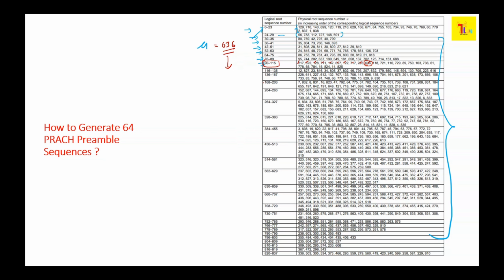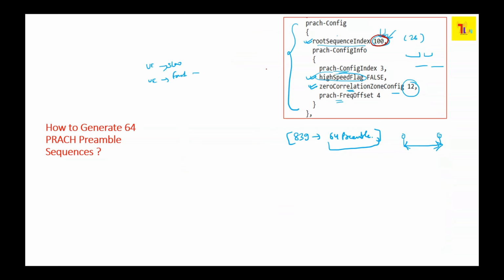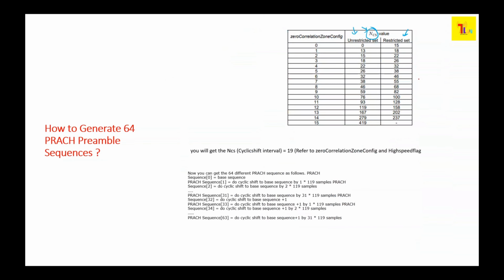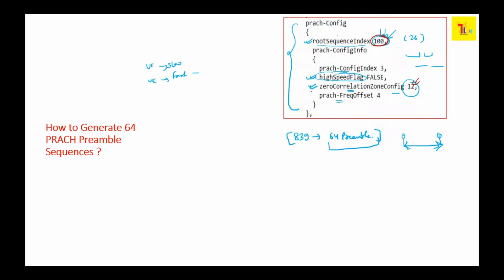to derive those 64 preambles. Now what is the value of zero correlation zone config? 12. So you will see this zero correlation zone config 12. And what is the high speed flag? The high speed flag value is false. False is basically used for slow moving UE. And let's suppose the eNodeB is near a railway track or highway.